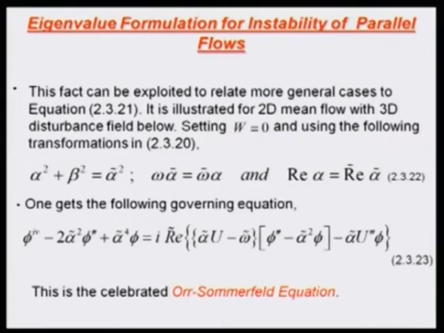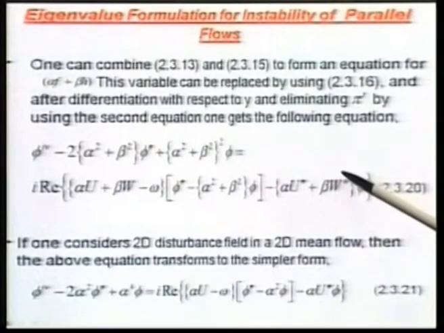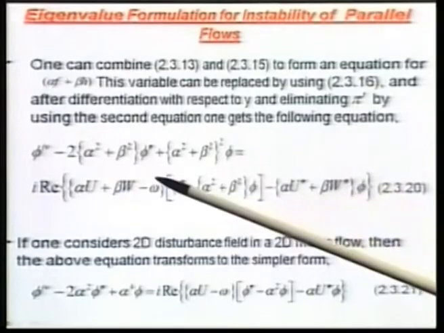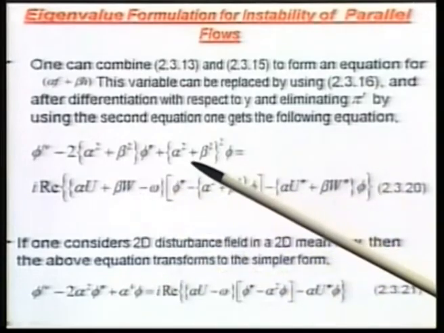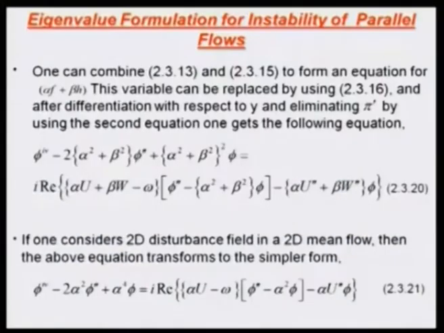And then you substitute it in the 3D disturbance equation that we showed in the previous slide, in equation 20. You omit all the capital W terms, and write it in terms of alpha tilde square, and then you can see a significant simplification results.